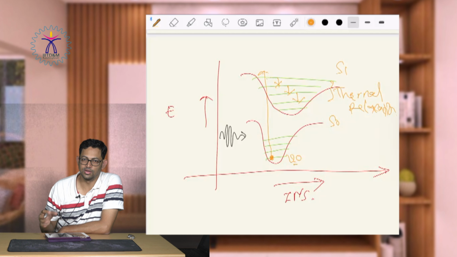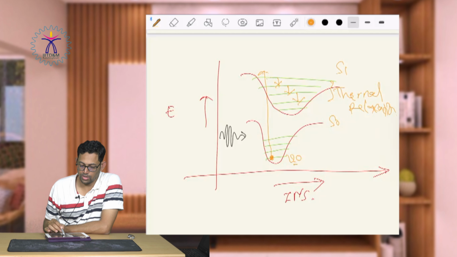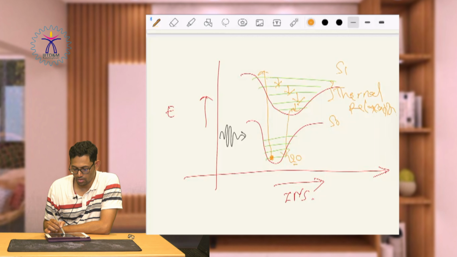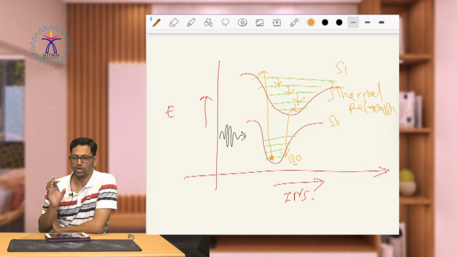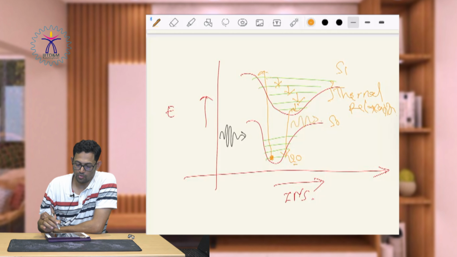This is known as thermal relaxation, and then it will again jump from a particular energy level to the ground electronic state, and this will emit a photon.